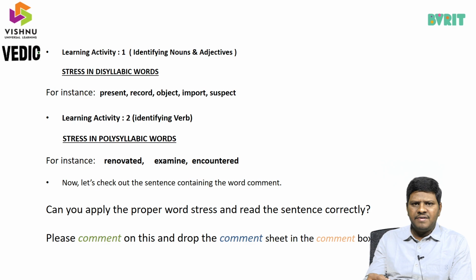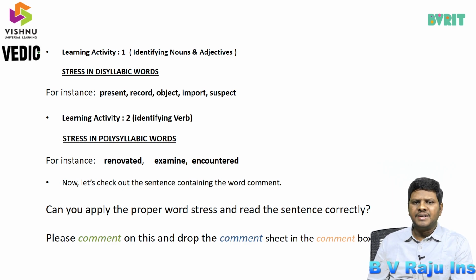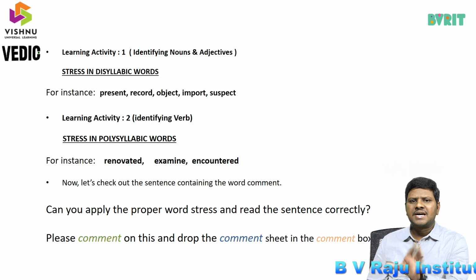When we give a list of words to the students, we ask them to keep the right stress on the right word based on the grammatical function, based on the parts of speech. If the word is a noun, they keep the stress mark on the first syllable. If I give a word that comes under the verb category, they keep the stress mark on the second syllable.